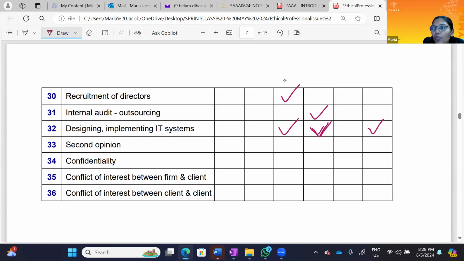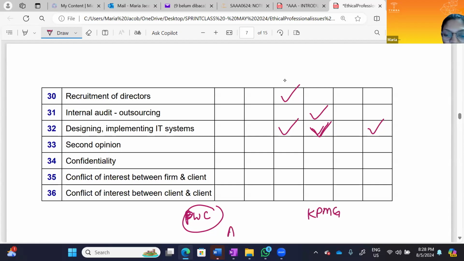Okay. So what is a second opinion? Can we give a second opinion? Second opinion means, say PwC is the current auditor, and then we have KPMG.